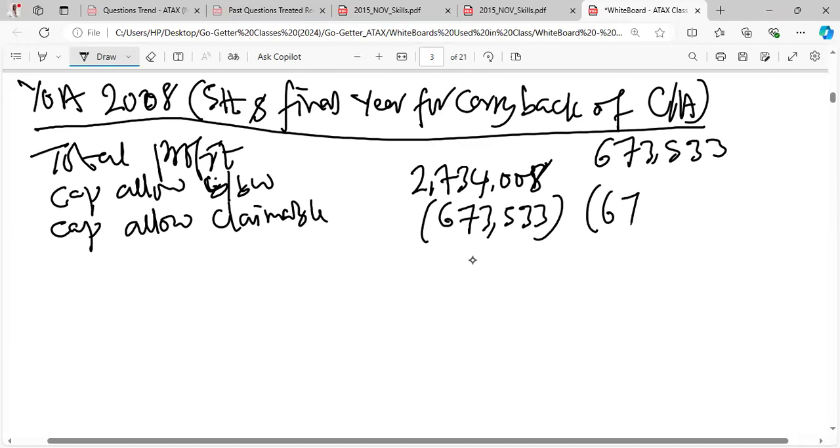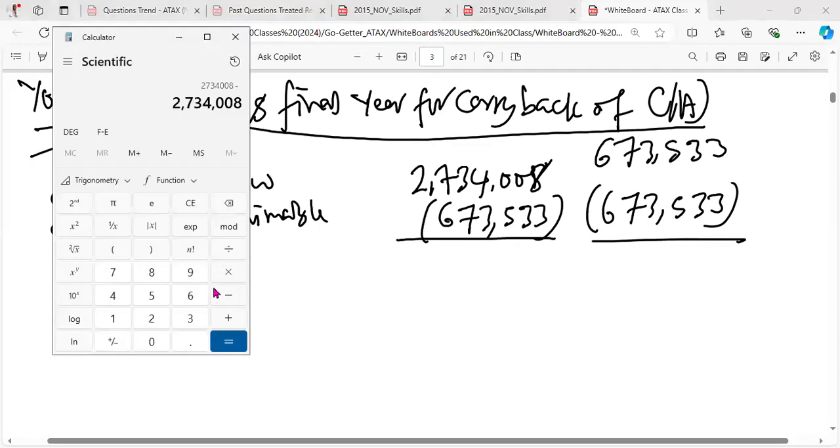Same thing here, 673,533. So let's find out the difference. Let's remove 673,533.